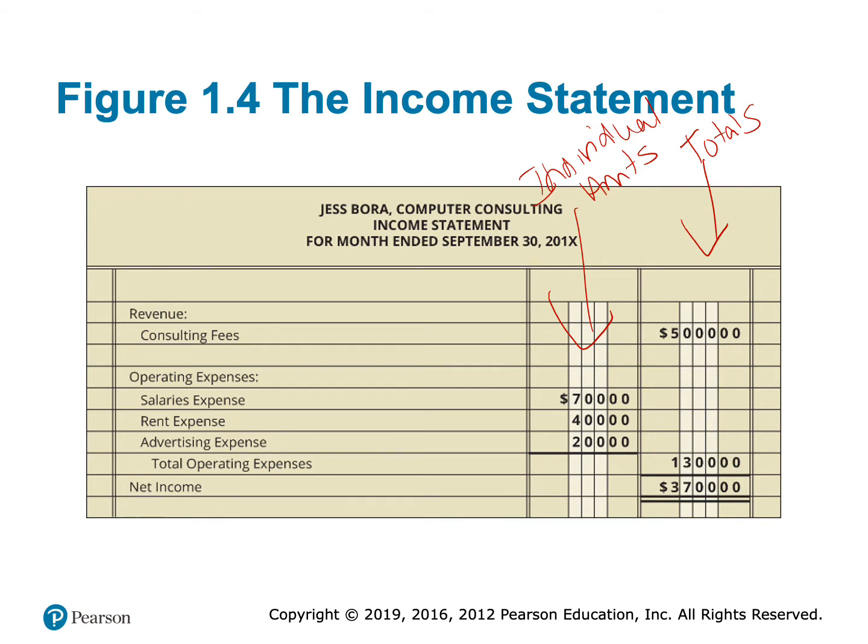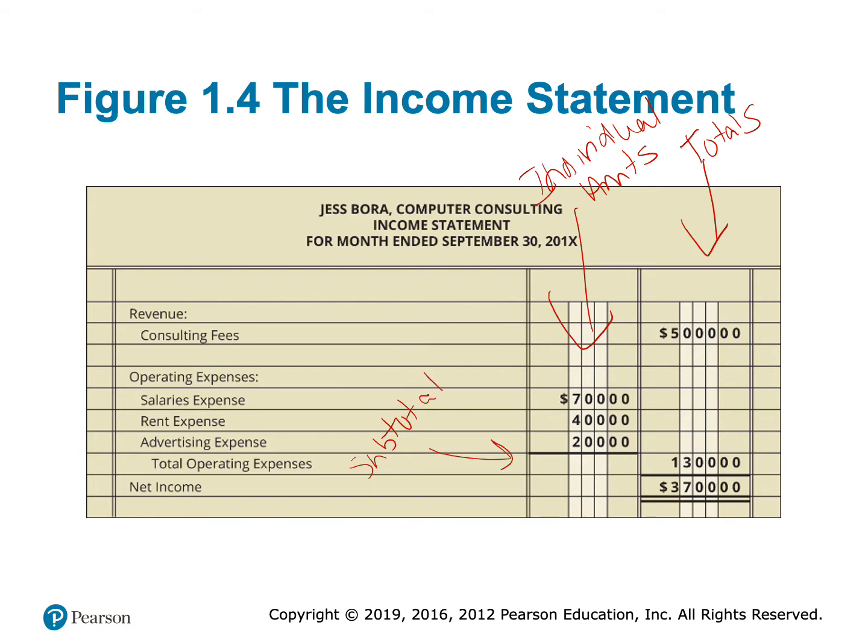We went ahead and put that $5,000 in the total column. But if we had had 2 kinds of revenue, we would have listed them individually in the first column and then put the total in the second column. Just like we did with our expenses. So we can see our expenses are listed individually. Now, anytime we see a single line means subtotal. And then we put the total expenses in the second column.